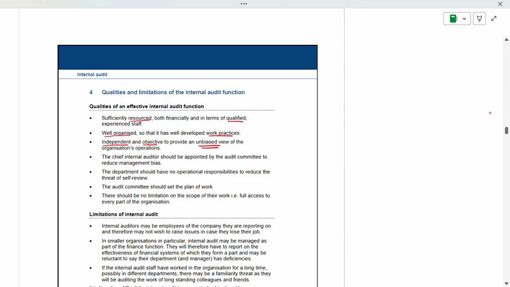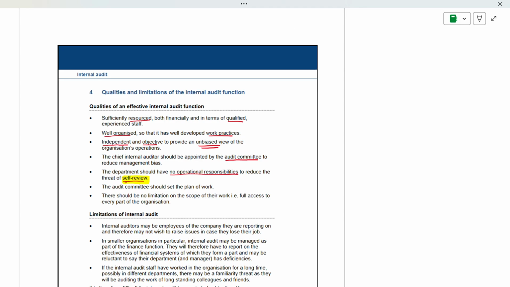Good qualities. The chief internal auditor should be appointed by the audit committee. The internal audit department should have no operational responsibilities, otherwise there is a threat of self-review.